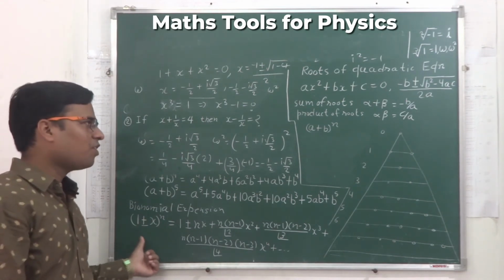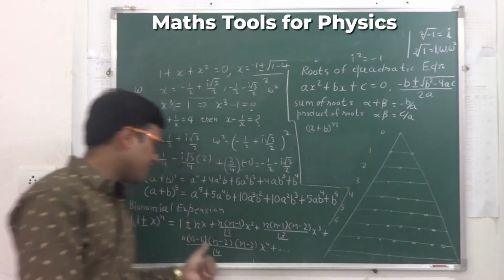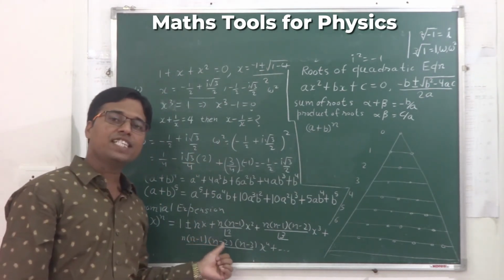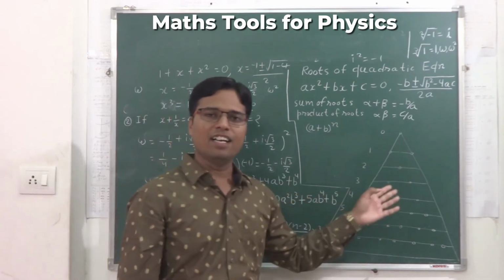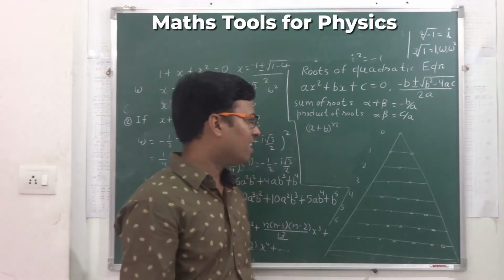Now, if we want to expand (a+b)^n, there are some multiplication factors which can be predefined using this triangle, which is like a magical triangle.